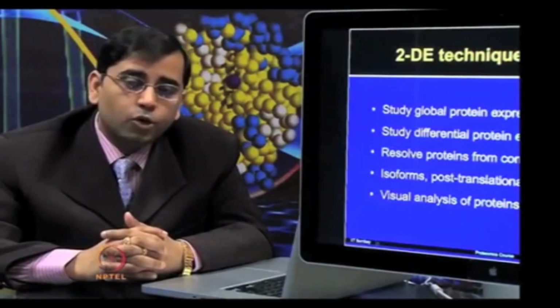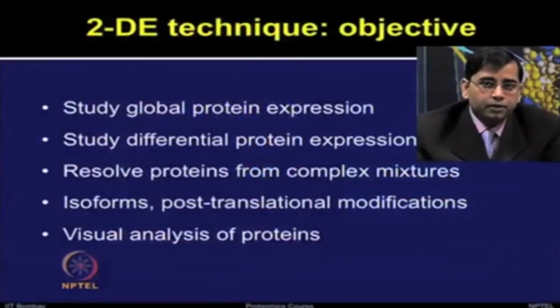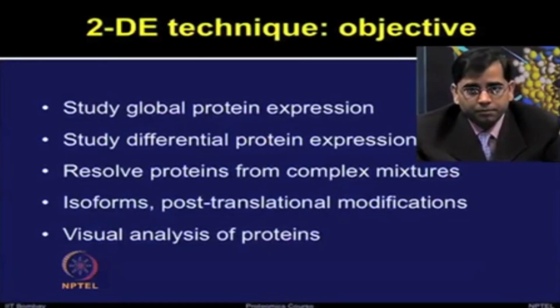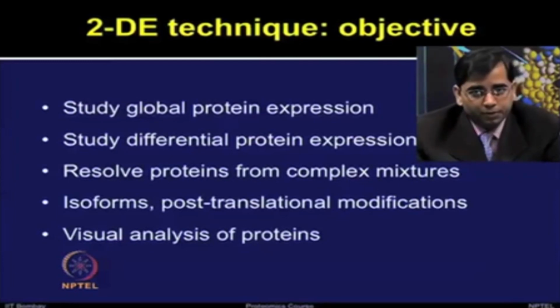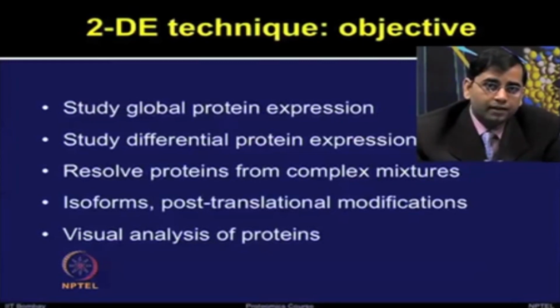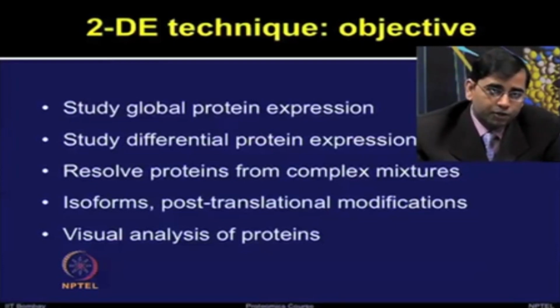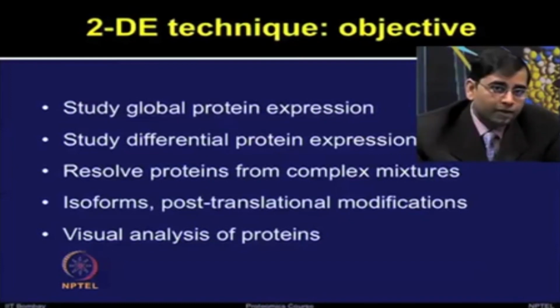Second thing, which is most commonly being used, is you want to compare the protein abundance from a given sample to a treatment sample. That is known as differential protein expression, or also known as abundance based proteomics. You want to look at the proteins which are either going upregulated or downregulated in their expression because of a given treatment, or because of a disease condition, or because of your experimental condition.